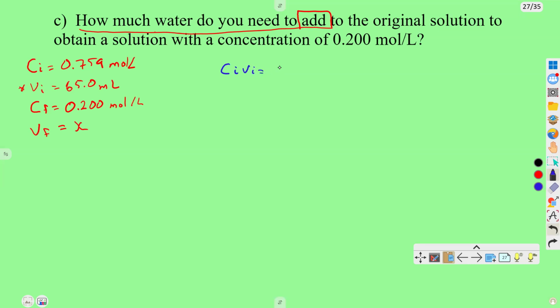CIVI equals CFVF. Original concentration is 0.759 moles per liter. Initial volume, 65.0 milliliters. That's going to equal 0.200 moles per liter, and we're going to multiply that by our final volume.